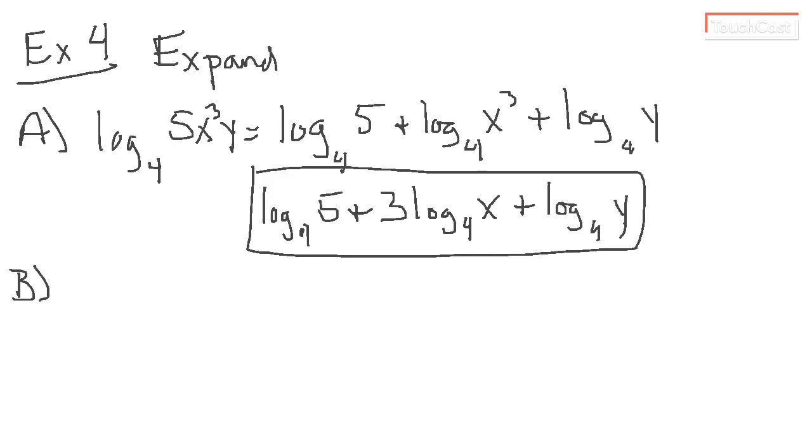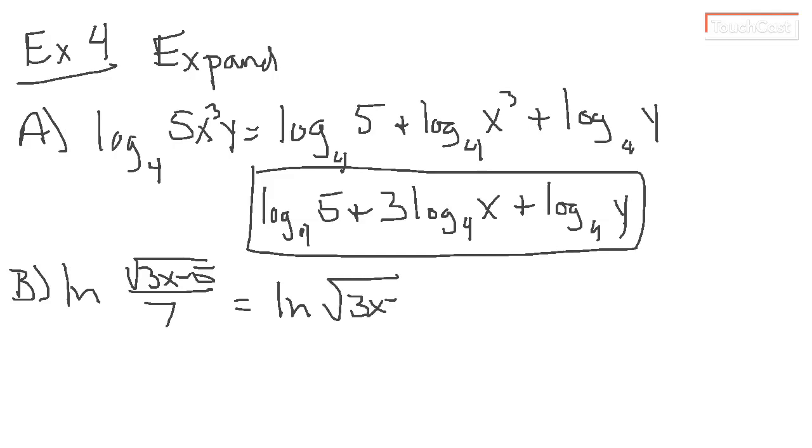For b, we're going to look at the natural log of the square root of 3x minus 5 over 7. So first, this is a quotient. We can write this as the natural log of the square root of 3x minus 5 minus the natural log of 7.